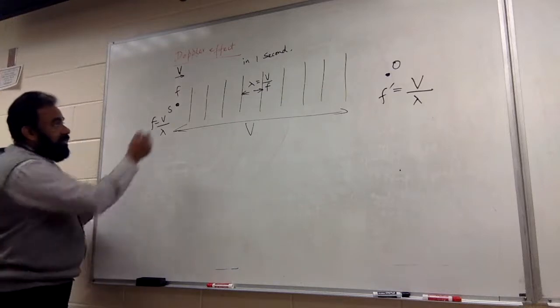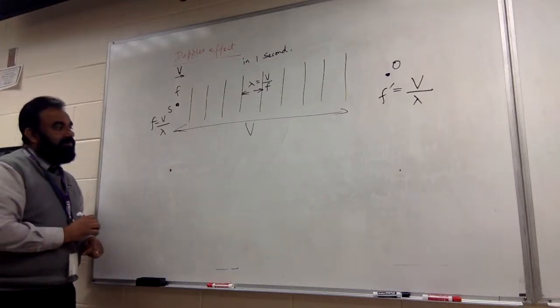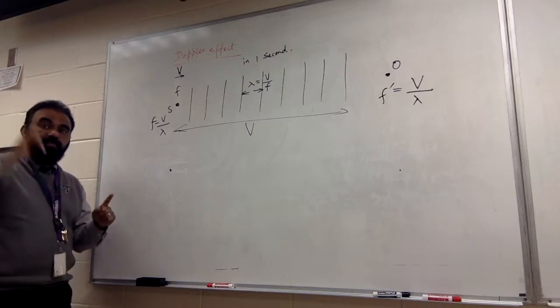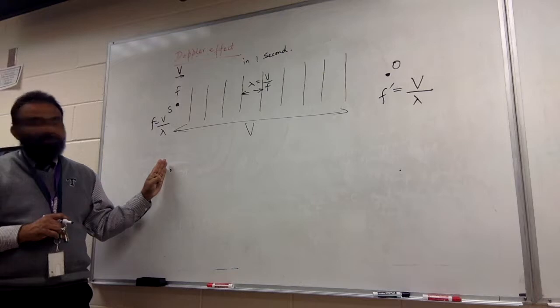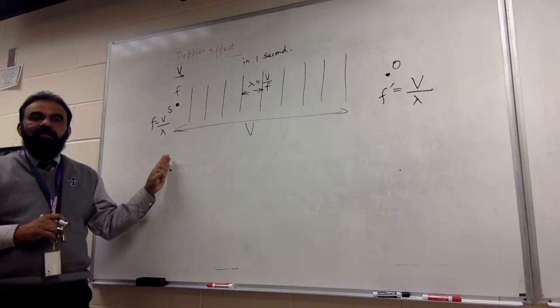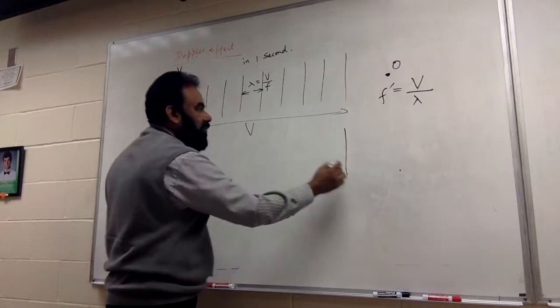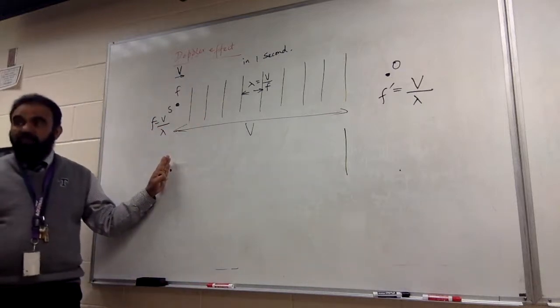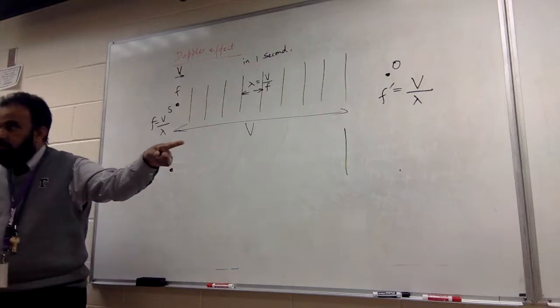So the source was here in the beginning. When the first wave was sent out, where's the source? Right there. And where will that first wave be in 1 second? V meters. The first wave which was sent out from here is going to be there.